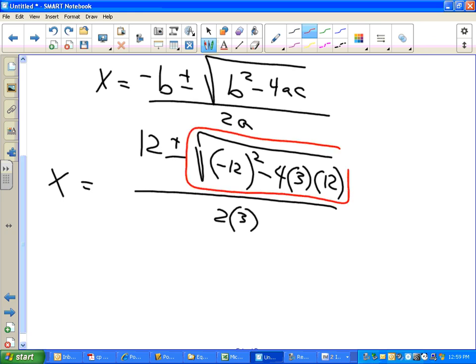Now, let's try this time doing the square root with everything underneath the square root all at once.